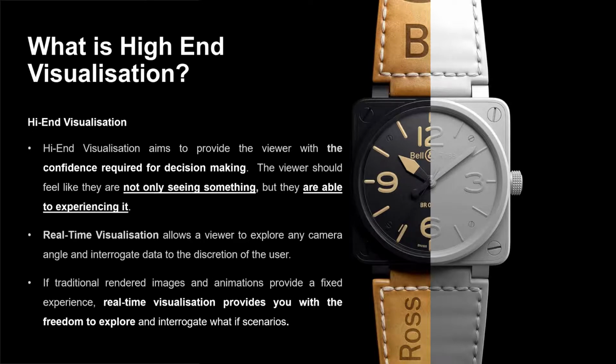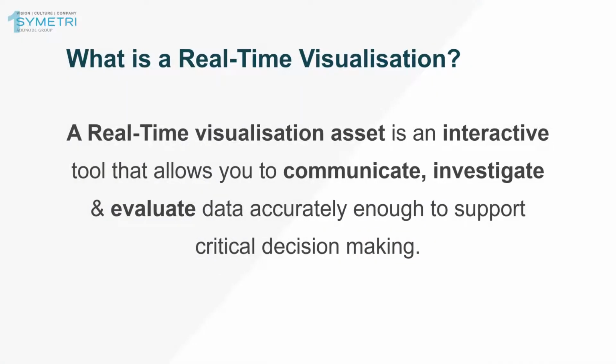So just to summarize that, a real-time viz asset is very important to understand. I'd like to summarize it as: a real-time viz asset is an interactive tool that allows you to communicate, investigate, and evaluate your data accurately enough to support critical decision making. And that support of critical decision making is the really important thing.